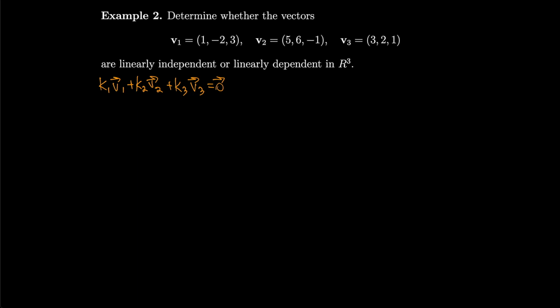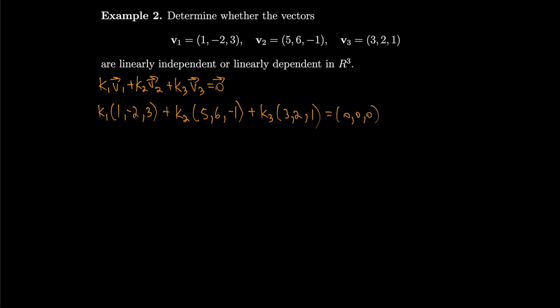So let's write out what v1, v2, and v3 are. It's k1 times (1, -2, 3), plus k2 times (5, 6, -1), plus k3 times (3, 2, 1). And that has to equal the 0 vector.